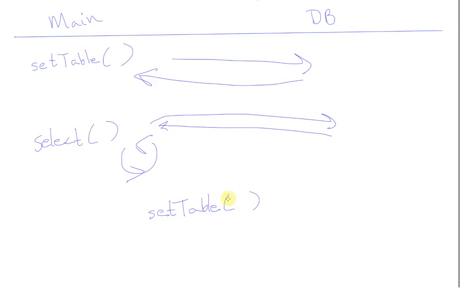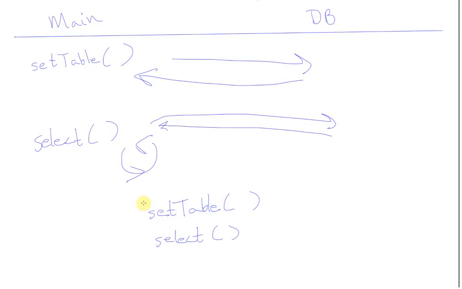If you do set table and you do select, you want the select to work off of the field names that set table set, not off of field names that set table didn't set and were pre-existing.